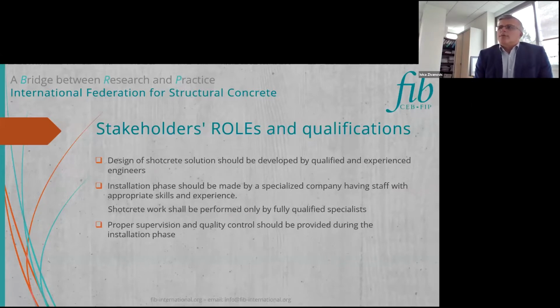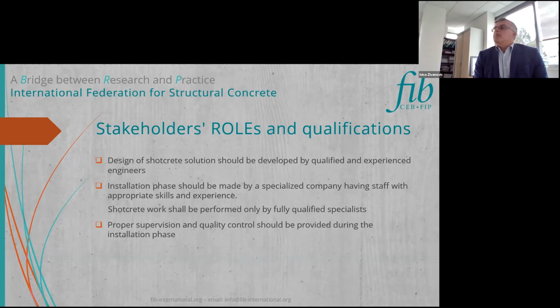The stakeholders' roles and qualification. First of all, regarding design of the shotcrete solution for repair, of course, it should be developed by a qualified and experienced design office.